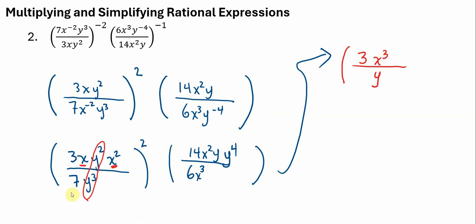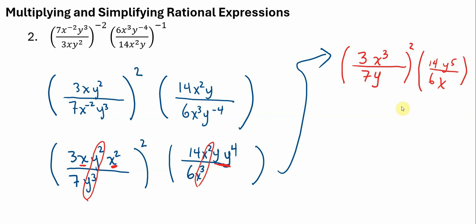And then the denominator, you have a 7 right there, and that whole thing squared, which we'll deal with in a moment. Same thing here, you have these two terms that you can simplify. So 14, 6, and x cubed minus x squared is just x. And then these two terms here, y times y to the fourth, that's just y to the fifth.